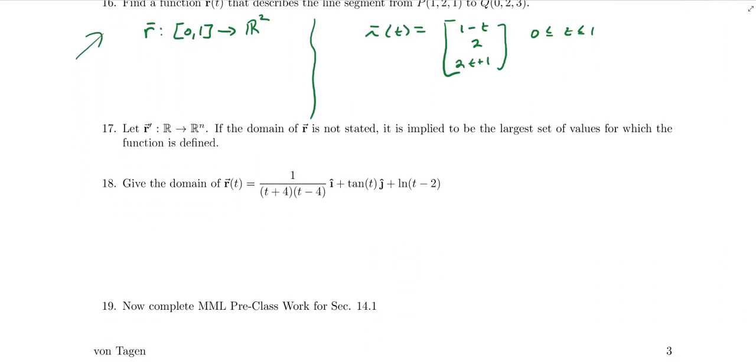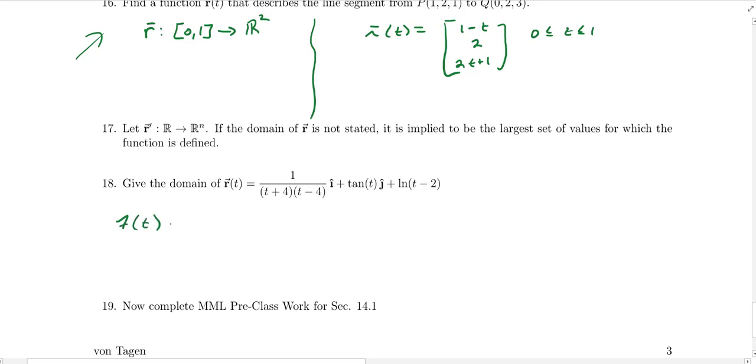Okay, so now the last thing we want to talk about is the domain of a vector valued function. And if I don't explicitly state what the domain of r is, what values we're allowed to plug in for time in this instance, then we're just going to say that it's implied to be the largest set of values for which the given vector valued function is defined. So for example here, we've got our 3 component functions, and I'd like to spell those out here because we haven't done that yet.